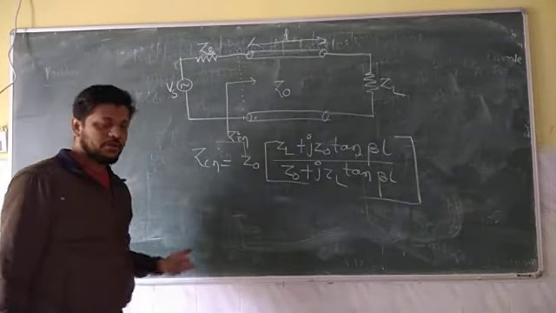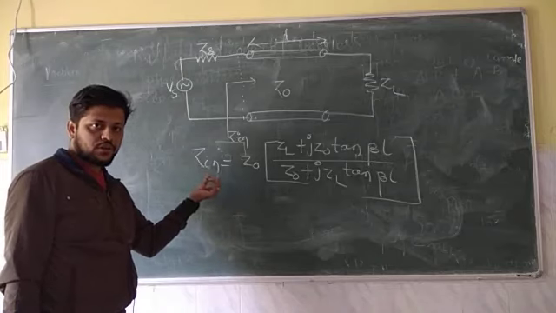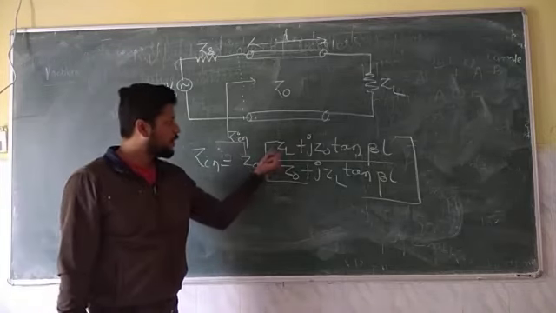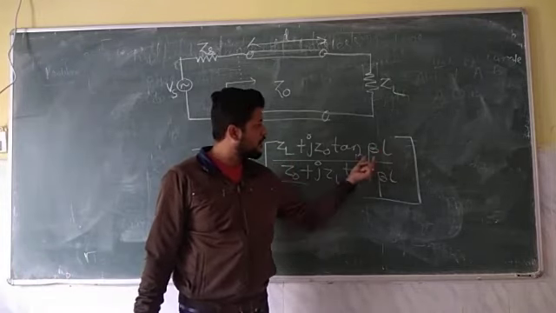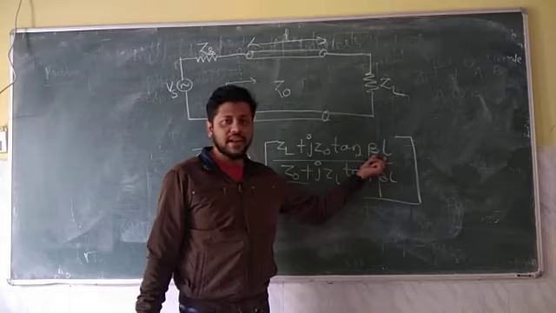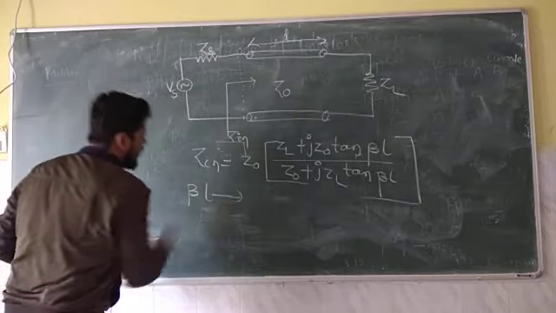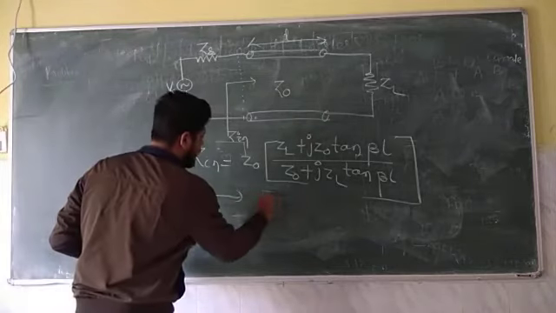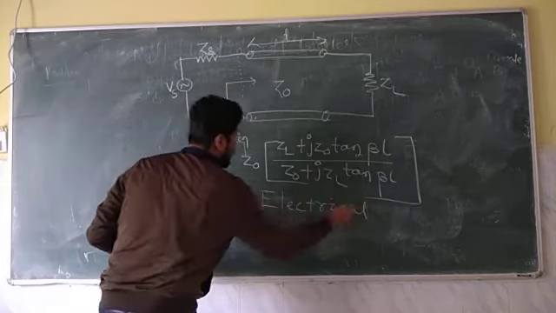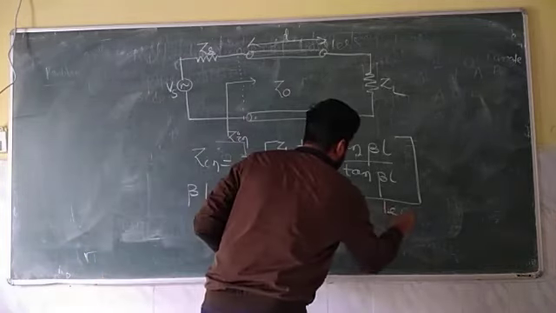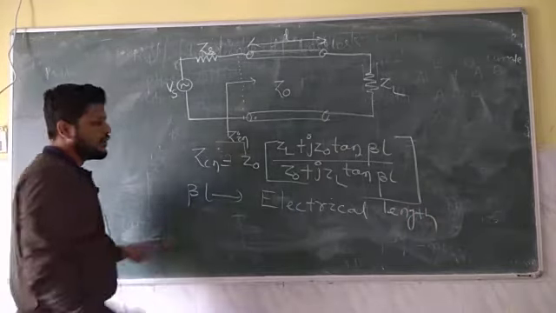So the input impedance depends on the parameters of the transmission line, that is your characteristic impedance, load impedance, and one important parameter, the length of the transmission line. Combined, this beta L is known as your electrical length, and L is the length of the transmission line.